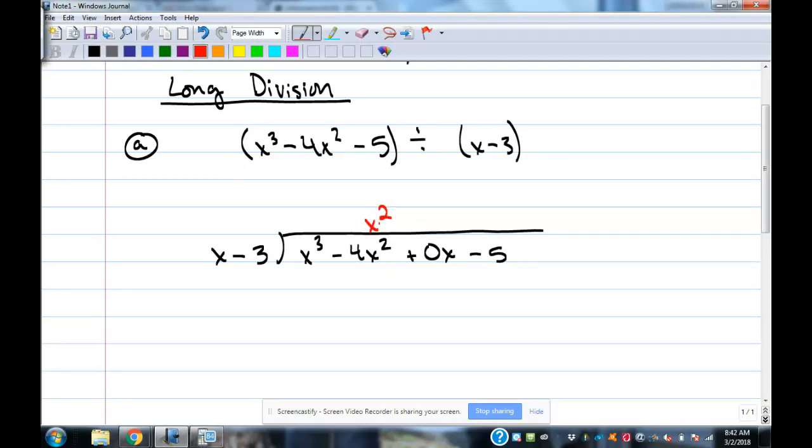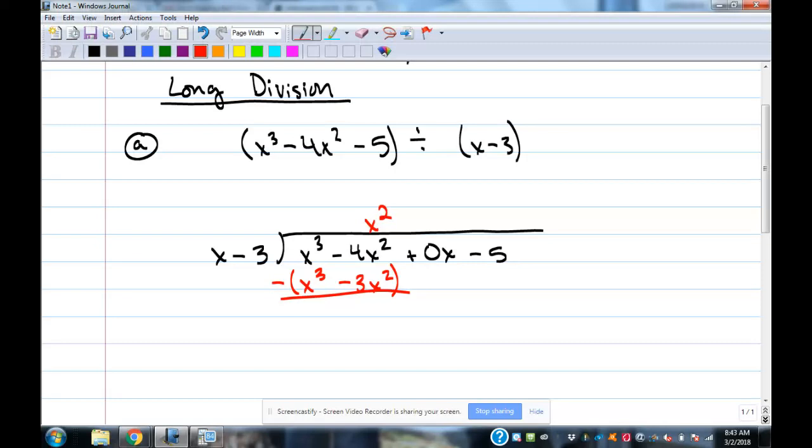Then, like what you did in long division in elementary school, you multiply and subtract. We're multiplying x squared times this entire x minus 3, so it's like the distributive property. x squared times x is x cubed, and x squared times negative 3 is negative 3x squared. And we're subtracting that. Now, x cubed minus x cubed goes away, cancels out.